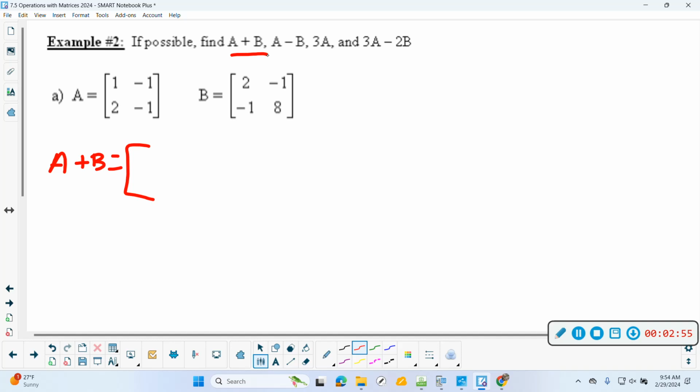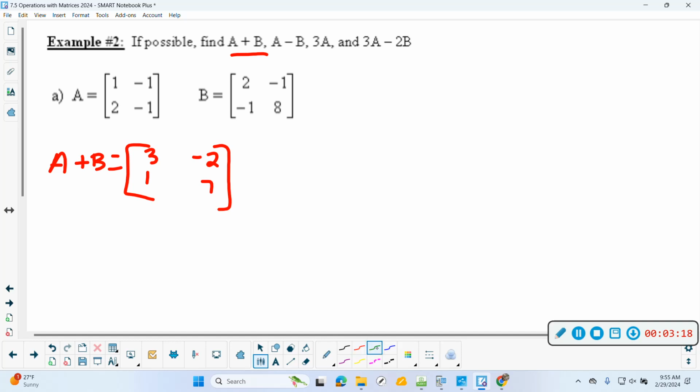So I'm going to do 1 plus 2. Now, it doesn't matter what order you do it. We've got to do them all. I'm going to do the column here. I'm going to go underneath. 2 plus -1. Then I have -1 plus -1. And then I'm going to do -1 plus 8. And that is matrix addition.